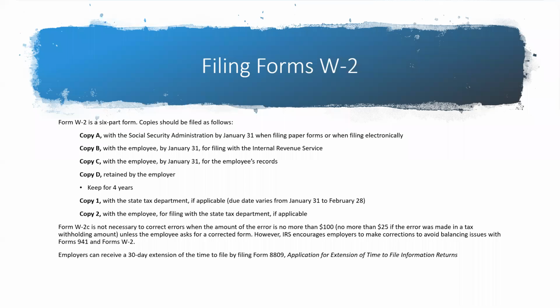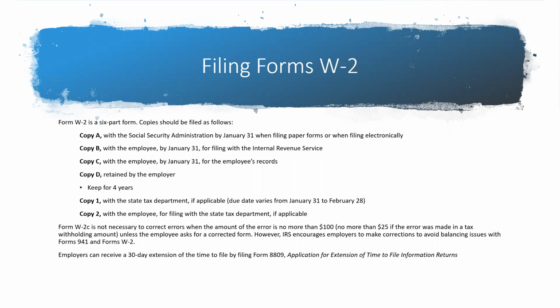Copy B is for the employee, and it should be given to the employee by January 31st. And that copy is for them to file with the IRS when they do their personal income tax return. Copy C is again for the employee, should be given to them by January 31st. And that one's for the employee to keep for their records.